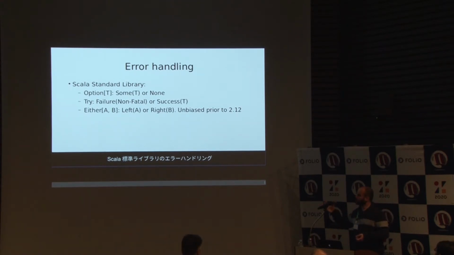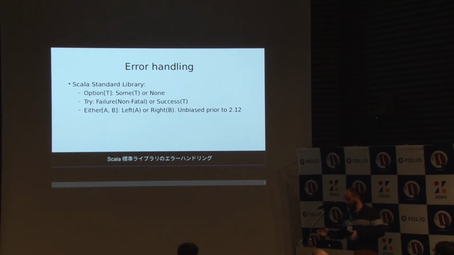That lets you define some different type A instead of only exceptions. The only problem with Either from the standard Scala library is that prior to Scala 2.12, you had first to project the right side and then do whatever you wanted to do with that.